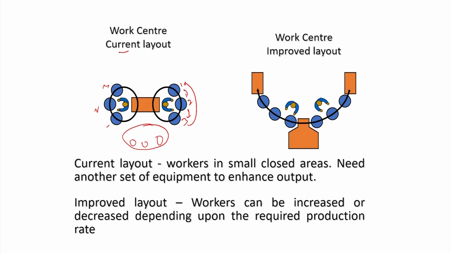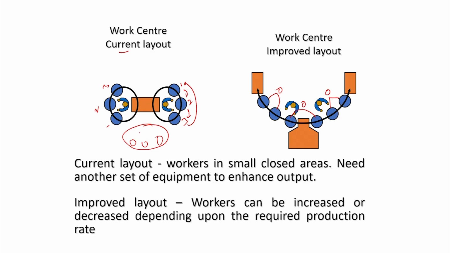Whereas, in this case, if you put the layout in this manner, this fellow is working on these 3, this fellow is working on these 3, but tomorrow if you want to increase the production rate, rather than 2 persons, we can put 1 person who is doing this activity, another person who is doing these two activities, and this person. So, without adding facilities, only by adding manpower, I can increase the production rate if the layout is of this nature. Whereas, in this case you have to put additional facilities also, additional table and workstation, to increase the production rate.